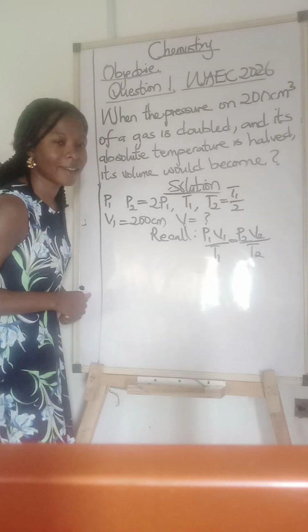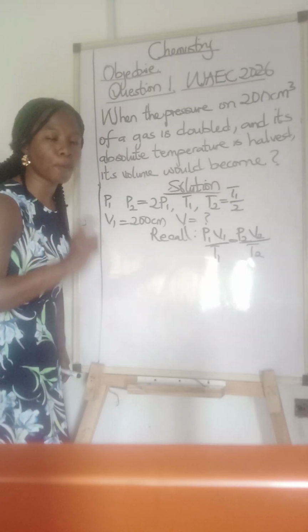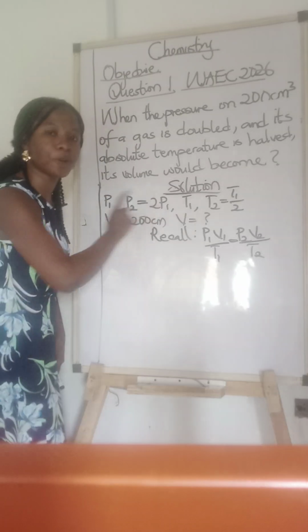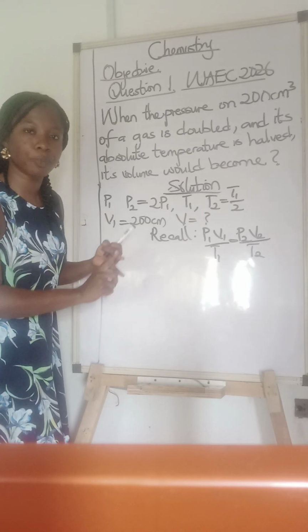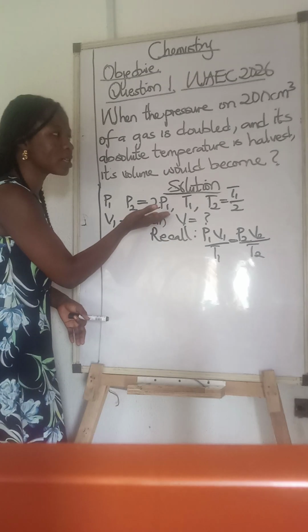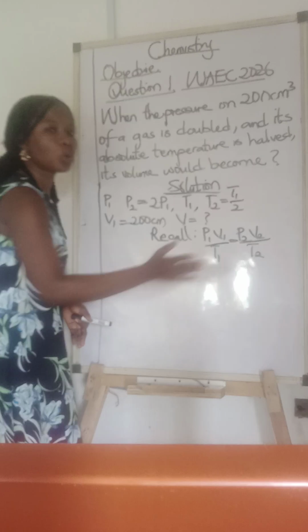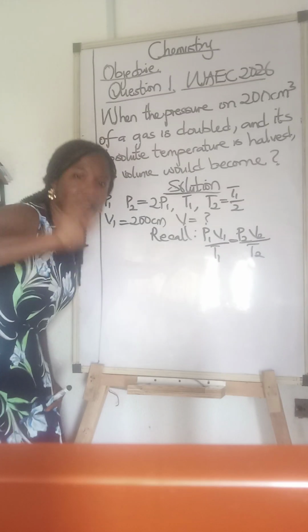Can you remember now? Yes, this is a general gas formula that is used for problems that involve these three parameters in one question: pressure, temperature, and volume. All we need to do is to put in what the question gave to us into the formula. The rest is mathematics. Let's go.